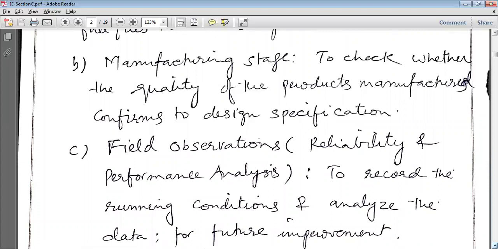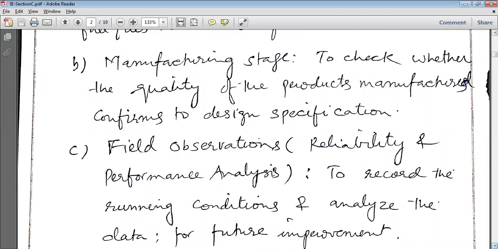So these are the field observations once the product is manufactured and ready for service. At that time we look at various aspects: how it performs, and what its reliability is, because that is also a very core concern, especially in fields where human life is at stake. For example, automobile components: if any part fails while the vehicle is moving at a speed of 100 or 120 kilometers per hour, there are chances that human life will be affected.